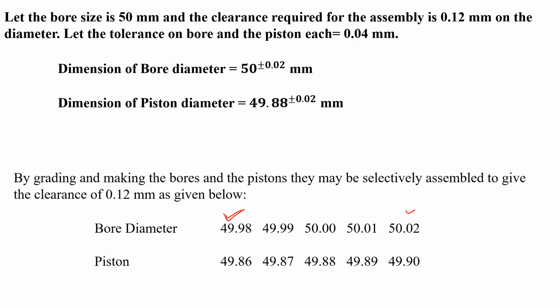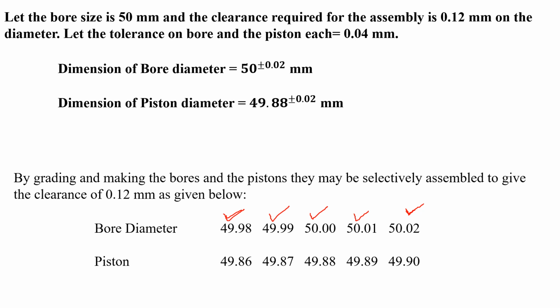Similarly, 49.99 is another group, 50 mm is another group, 50.01 is another group and 50.02 is another group. Similarly, you have to manufacture the pistons within the sizes and group them based on their dimensions.